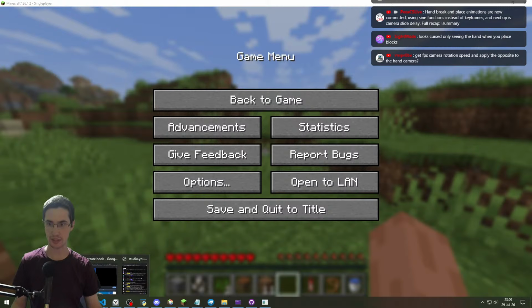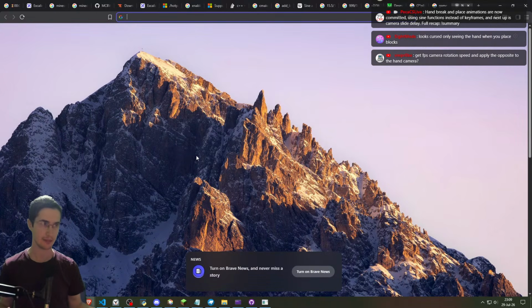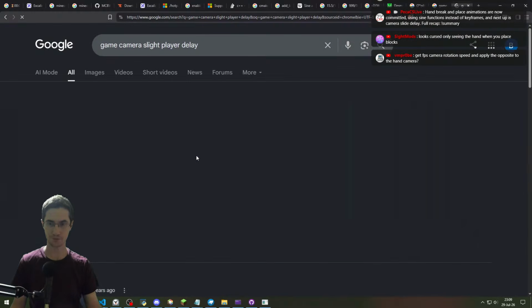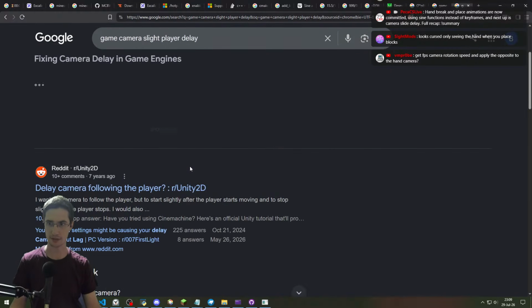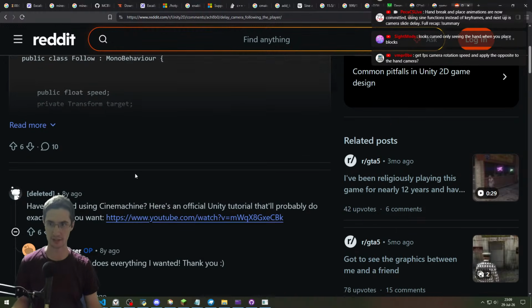There were ones where you can have the camera have the delay. There were some tutorials like that. So game camera slide player delay. It was something like that. Delay camera following the player. And we'll use it for the hand.